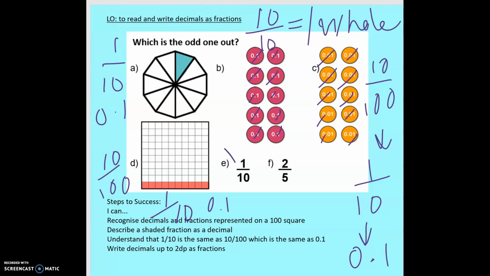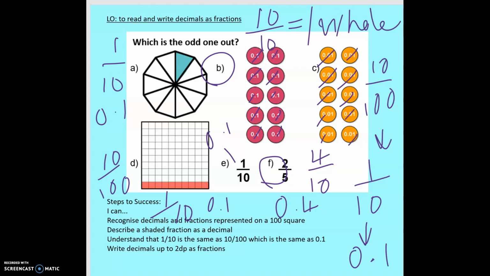For E, we already have 1/10, which we know is the same as 0.1. And for F, we know 2/5 is the same as 4/10, which is going to give us 0.4. So hopefully you've managed to see that B is the odd one out because it's 1 whole, and F is the odd one out because you got 4/10, and we were looking for 0.1 or 1/10.